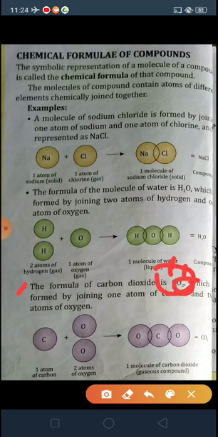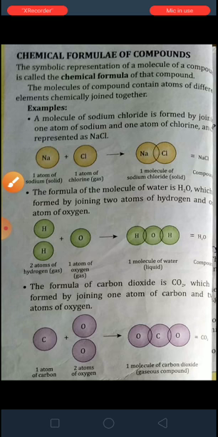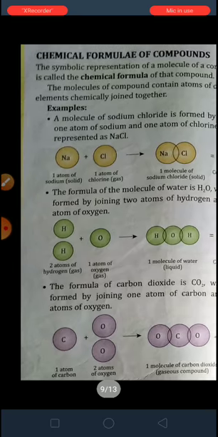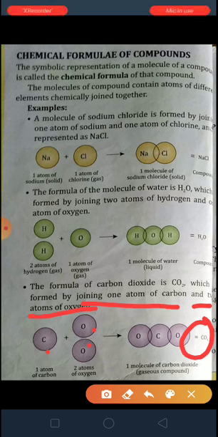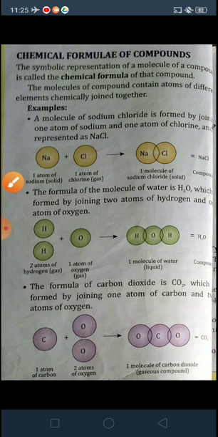Here 2 is written, which means two atoms of oxygen. So carbon dioxide is formed by joining one atom of carbon and two atoms of oxygen, which chemically combine to form one molecule of carbon dioxide, that is CO2. C is one atom of carbon, O2 means two atoms of oxygen. Okay.